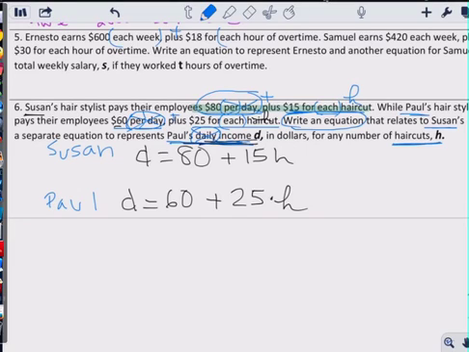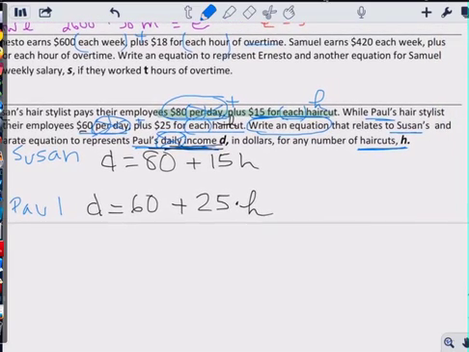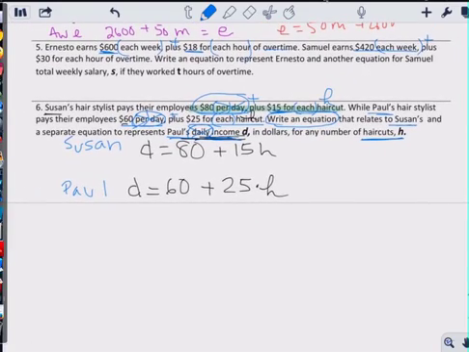So each means times the number of hours of overtime. Okay. So 18 is important and 600 is important. Samuel earns $240 each week. Each means times the number of weeks, plus $30 for each hour of overtime. Okay, plus the number of hours, each hour of overtime means times.